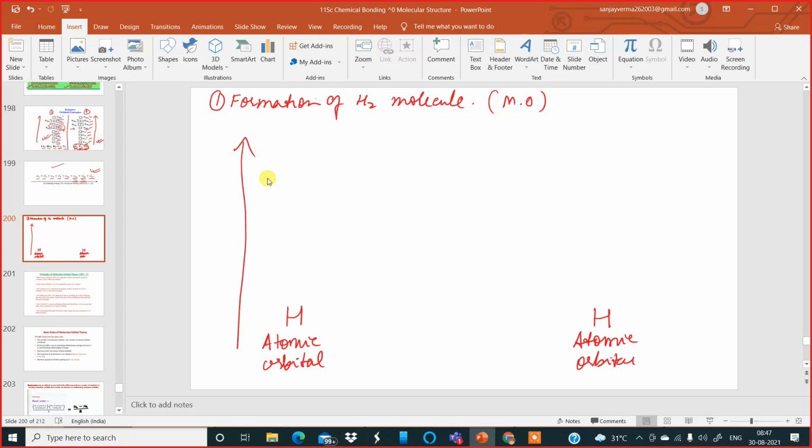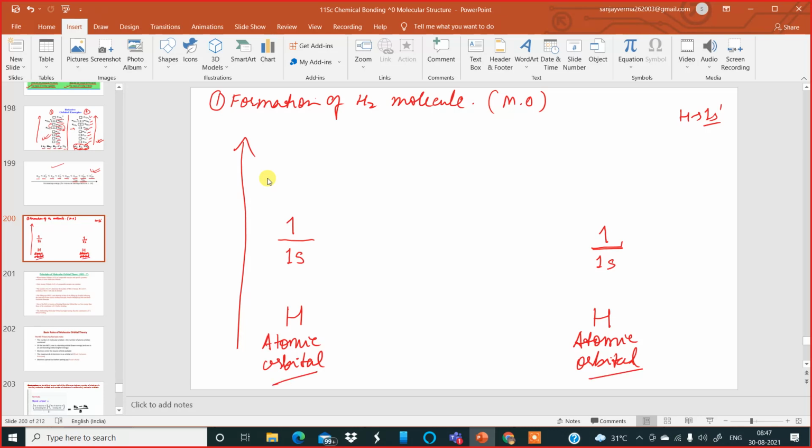Now slightly above this, I'll draw the atomic orbitals, just a line this way. And below this I'll write 1s atomic orbital, because the electronic configuration of hydrogen is 1s, containing one electron each. So this is one atomic orbital, this is another atomic orbital.